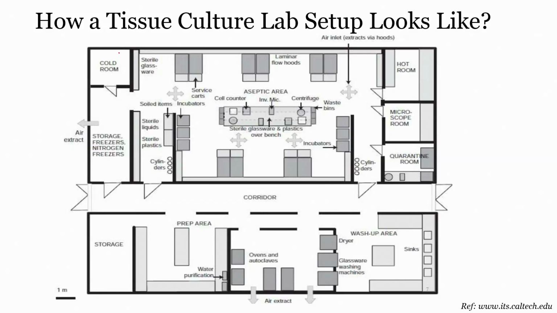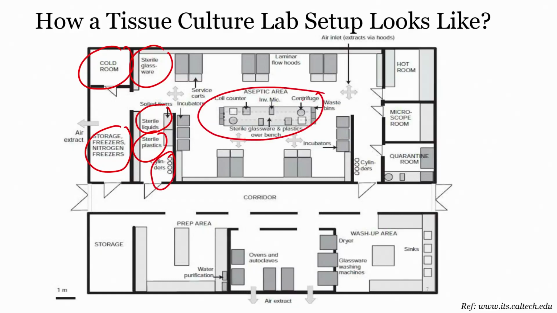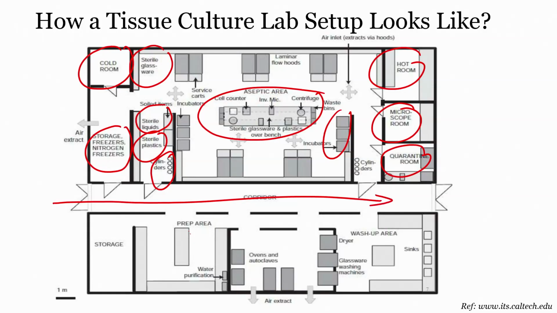You see here there is a cold room, then there are freezers, sterile glassware is kept here, sterile plastic cylinders are kept. Then this is the area where people work, there are incubators on all the sides, and there is a microscope room, a hot room, a quarantine room, then a corridor. Again, water purification, ovens and autoclaves, dryer, glassware washing machine, sinks, right.